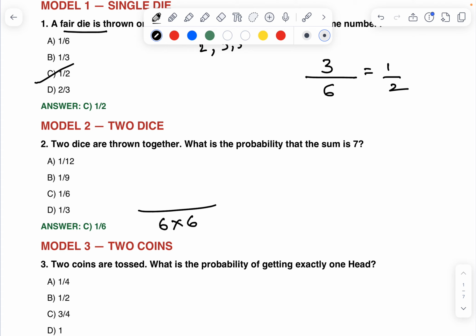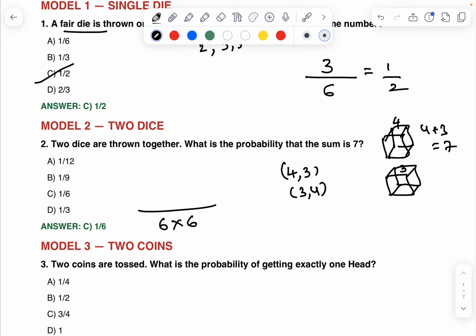Sum is 7 means suppose 4, 3, or 3, 4. You add these two, 4 plus 3, 7. This is the first die. This is the second die. Suppose here the face number is 4, the face number is 3 here. 4 plus 3, 7.